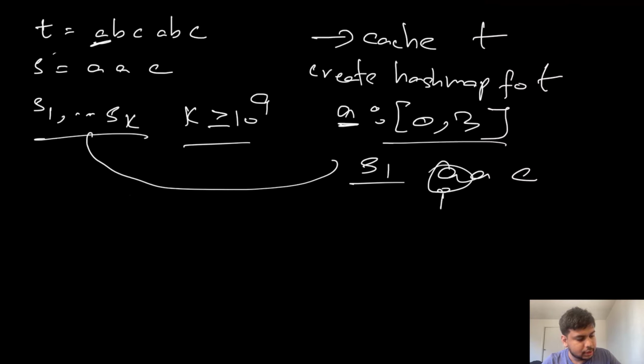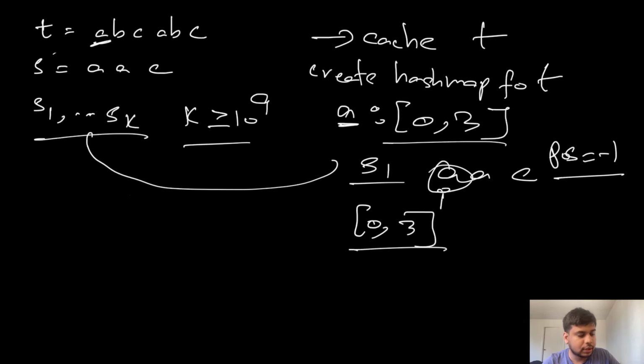If it is, we retrieve the indices associated with it. We also have a position, which is equal to -1 initially, and we see if there is an index in this indices list which is immediately greater than -1. If it is there, we just update the position to that. This is the process we will be following.